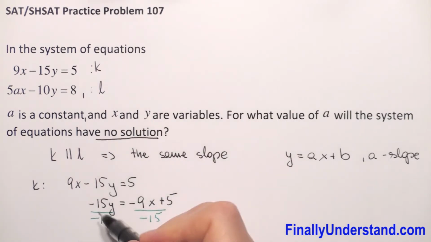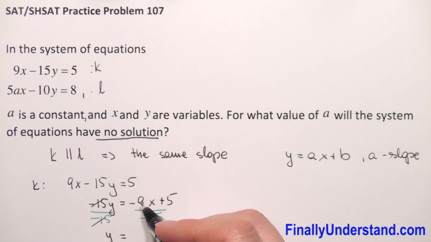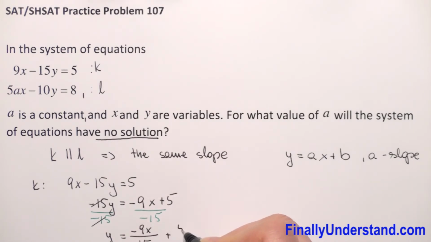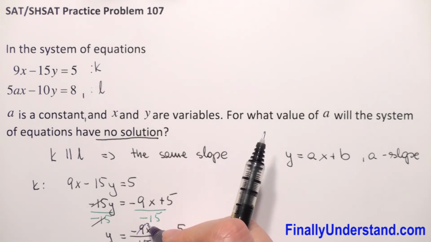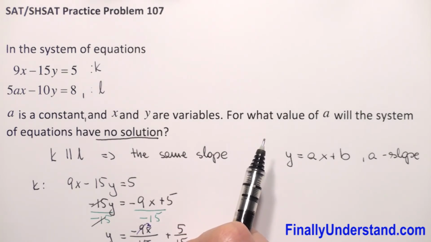So negative 15 we reduce, and we have that y is equal to negative 9x divided by negative 15, and 5 divided by negative 15. So y is equal to, negative and negative give positive, and we can reduce 9 and 15 by 3, so it will be 3 and 5.